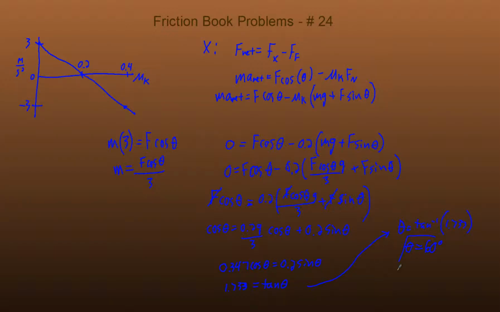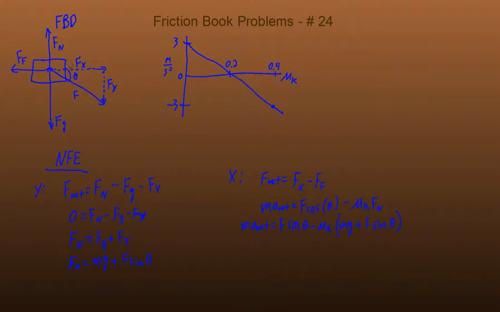And that's the answer. So we're pushing this block down at an angle of 60 degrees in order for this graph to describe the motion of this object. Alright, next problem coming up soon. See ya.